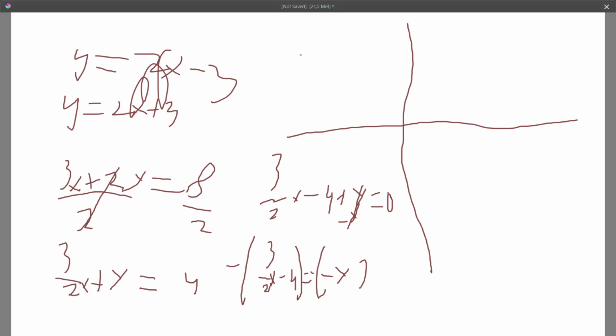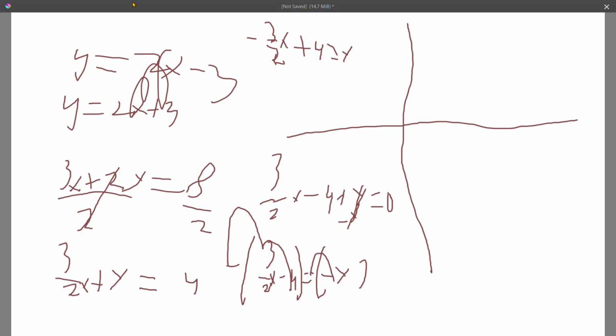So we're left with, if we distribute the minus here and there and there, minus 3 by 2x plus 4 is equal to y, which looks similar to these equations.